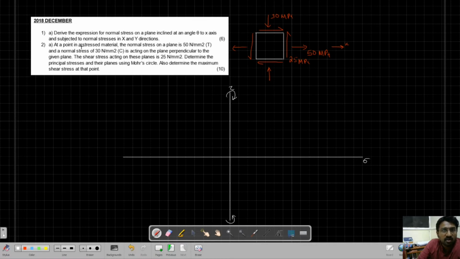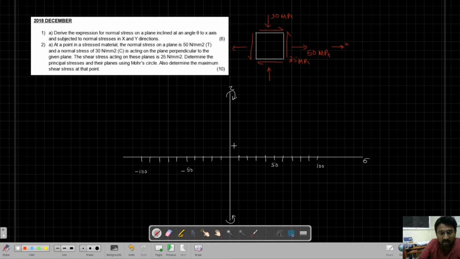Now we have to mark points. Let's say each division is 10 MPa. So this is 10, 20, 30, 40, 50, 60, 70, 80, 90, 100. Now this is minus 10, minus 20, minus 30, minus 40, minus 50, 60, 70, 80, 90, minus 100.